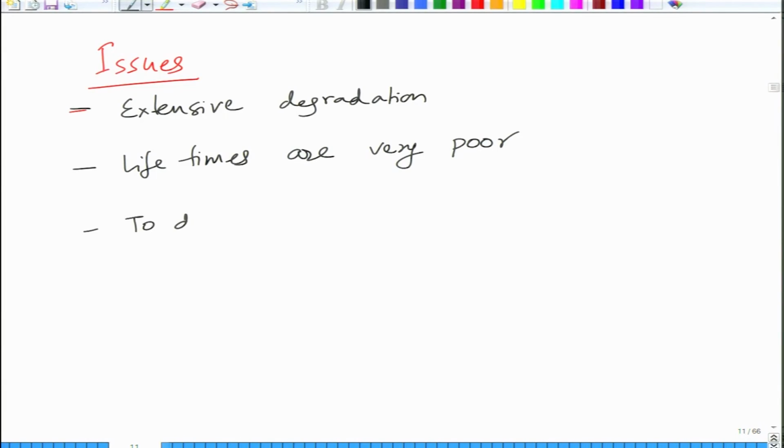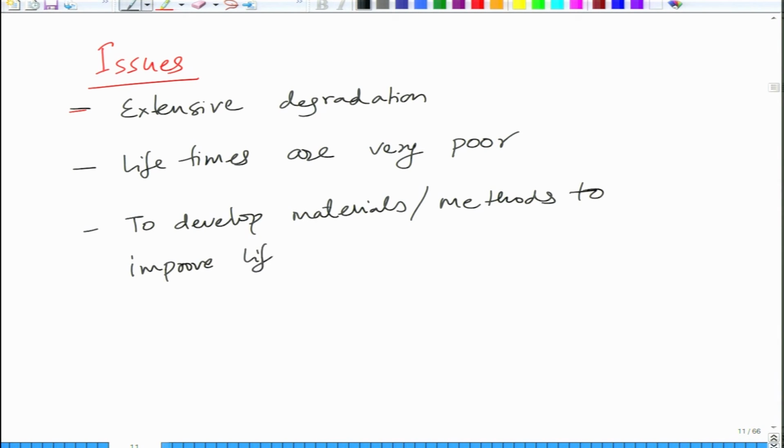So, what is important is to develop materials and methods to improve lifetimes. So, this is a short review of perovskite solar cells.